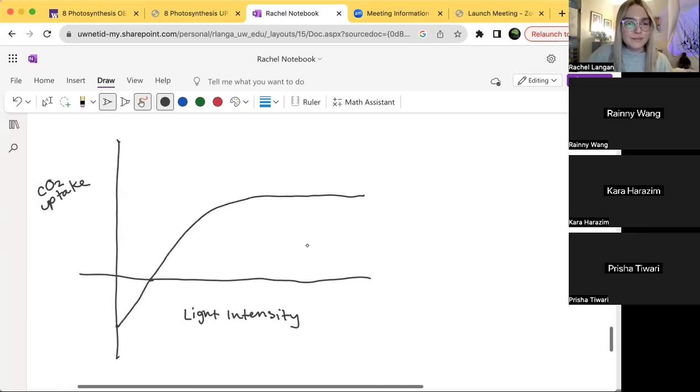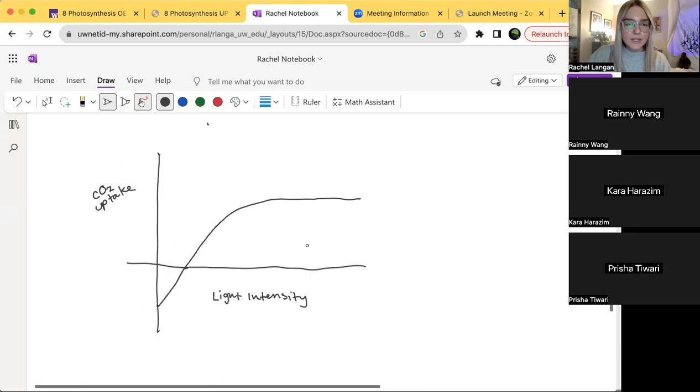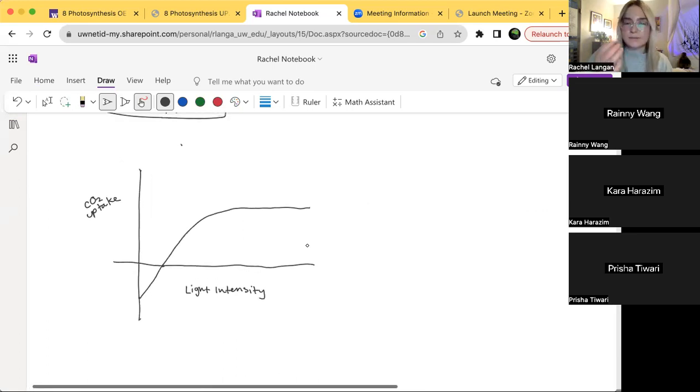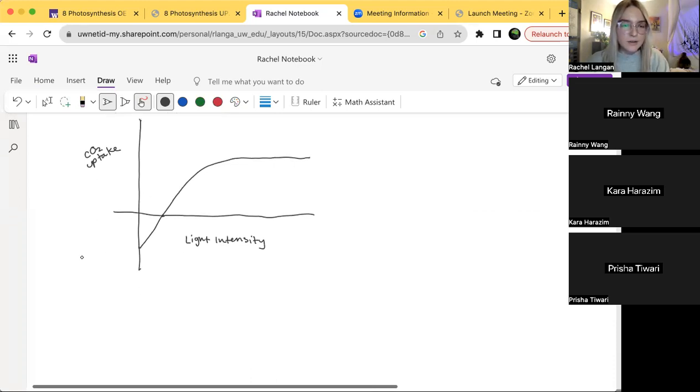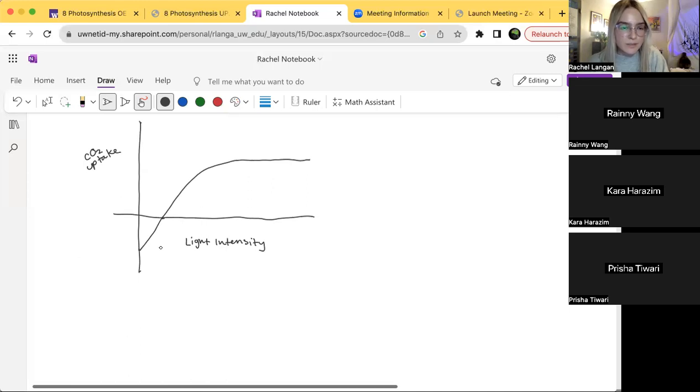So the irradiance curve, what does it relate? As you increase light intensity, the amount of CO2 uptake or CO2 consumption over those different light intensities. There are different points you need to know and understand on the graph. The first point would be this one right here.